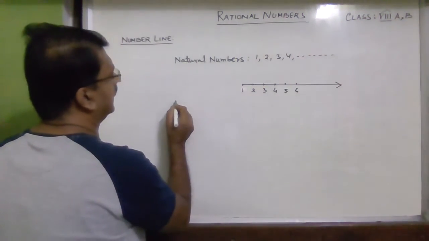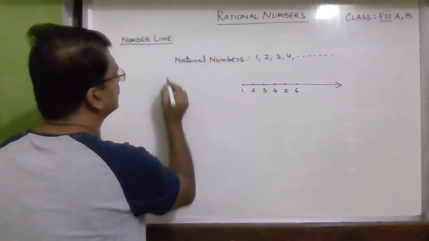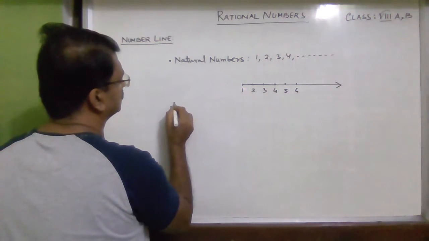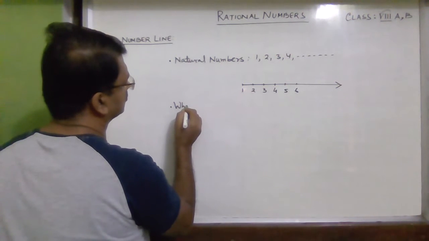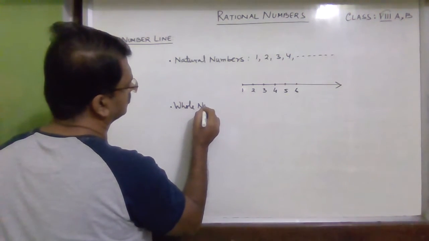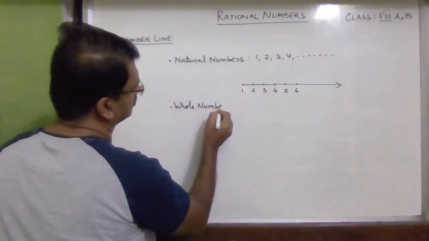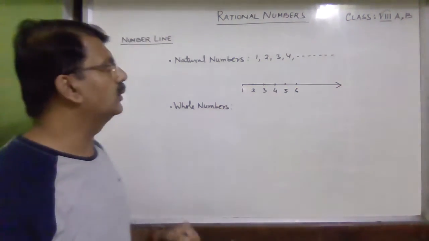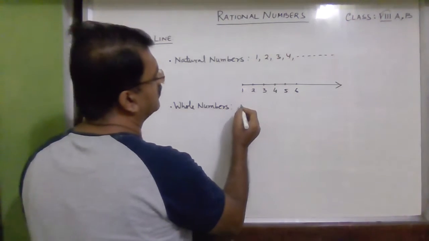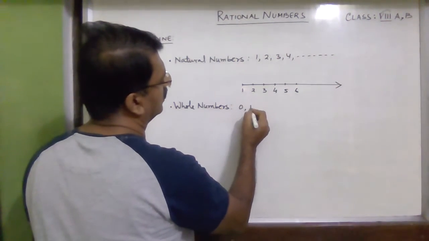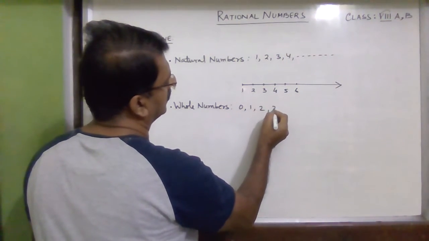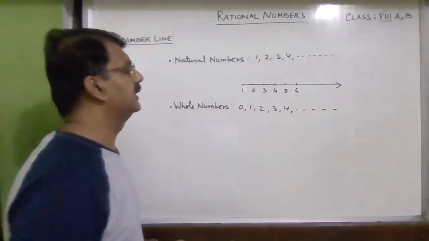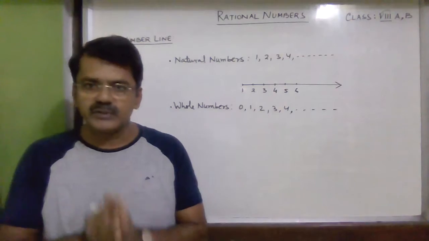Now the next is whole numbers. You know that whole numbers are 0, 1, 2, 3, 4, and so on up to infinity. Whole numbers start from 0.